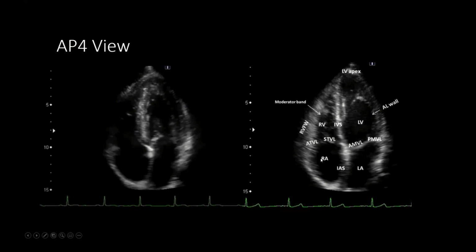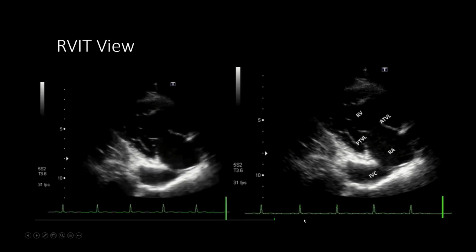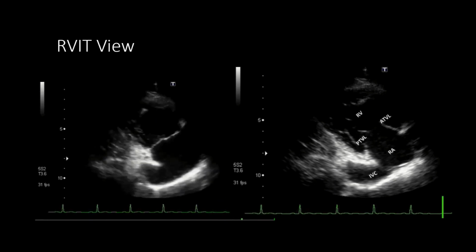You can also do this with a less commonly used view, which is the RVIT view, the right ventricular inflow tract view.